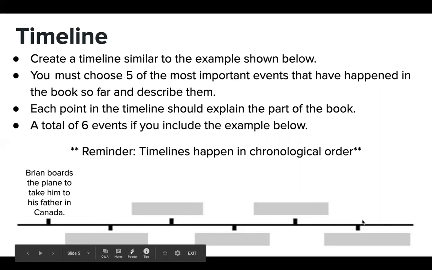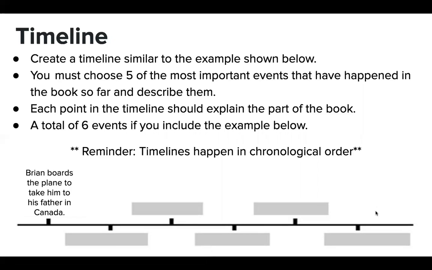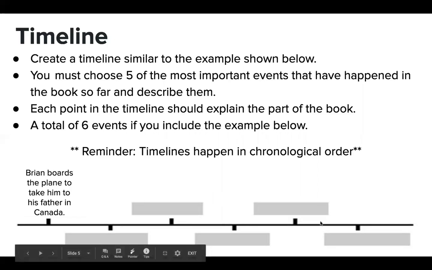Whatever your last event is that you choose here should be the very last one out of all 6 of these. So it should go in order from the start of the book to the end of the book. And you are just choosing 5 of the most important events you think have happened in the book so far. We've done 10 chapters. We've done chapters 1 through 10. So pick out the most important things in the book that have happened and put them in order on this timeline.